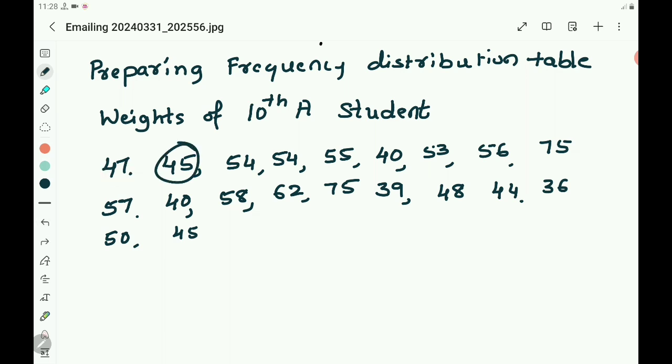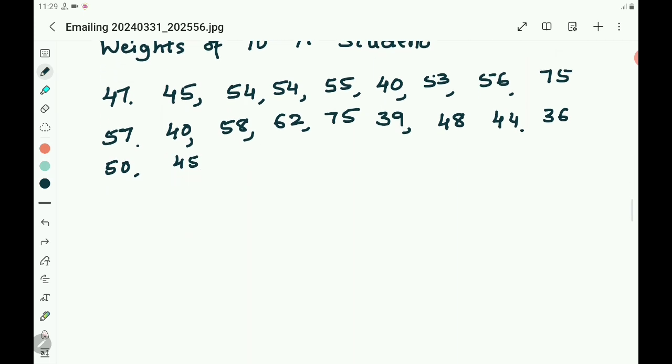20 weights are there. Now let us prepare the frequency distribution table by taking the class interval.